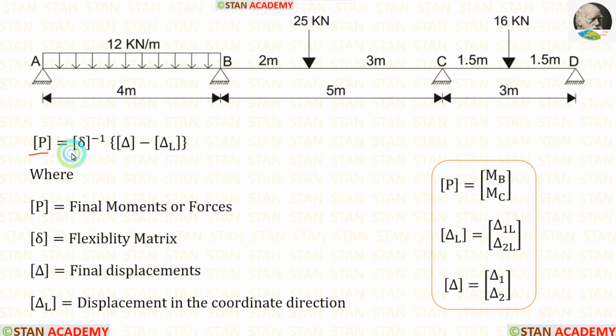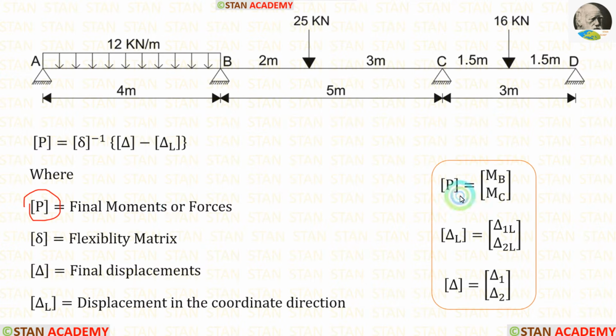Now let's see the formula to calculate the final moments. P matrix is equal to delta matrix inverse into delta matrix minus delta L matrix, where P matrix is the final moments or forces, delta matrix is the flexibility matrix, delta matrix is the final displacements, delta L matrix is the displacement in the coordinate direction.